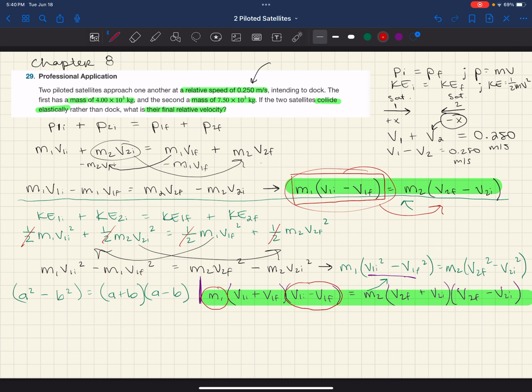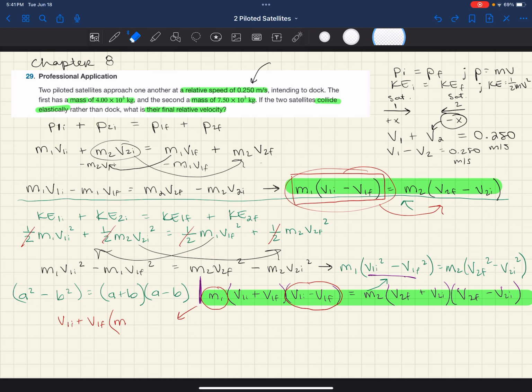So let's go ahead and do that. So now this is going to become v1 initial plus v1 final, and then I'm going to substitute this part. So I have m1 multiplied by, brackets, v1 initial minus v1 final, and that equals, and then the other side I am going to leave alone. Oh, I apologize. Hold on. What did I just do?